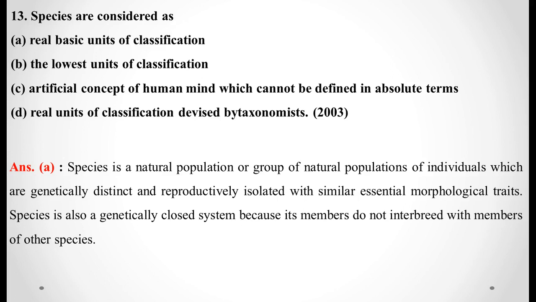They will not produce further young ones. For example, mating between a horse and a donkey produces a mule. The mule is a sterile organism, not a fertile organism, so we can't say it's a species. That mule is not a species.